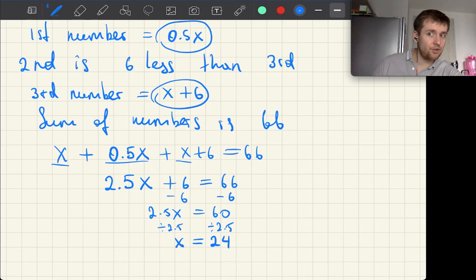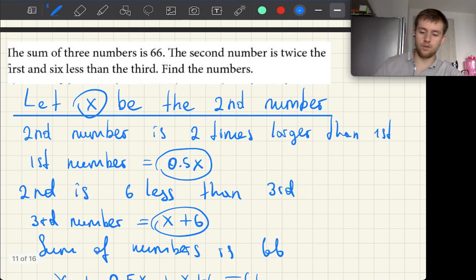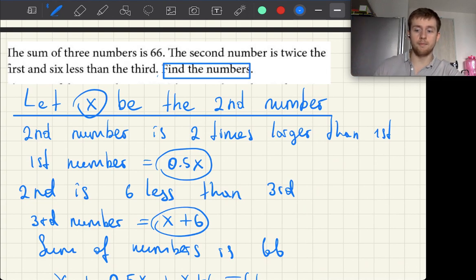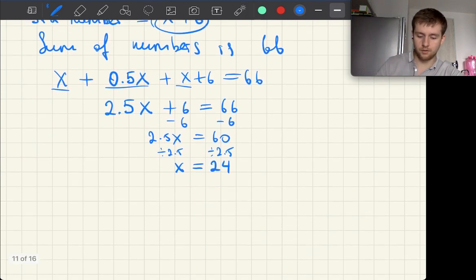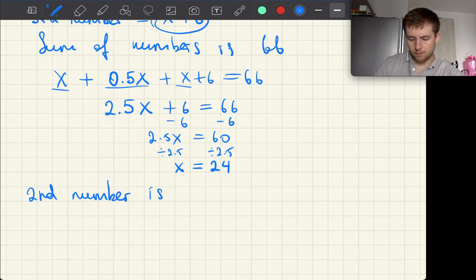Is it the final answer though? No, this is not the final answer, because remember what the question is asking: to find the numbers, right? They don't tell us to find the second number or the third number. We have to find all the numbers, okay? So the second number is 24.